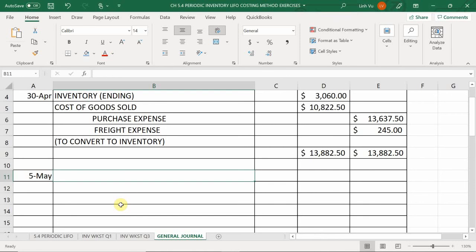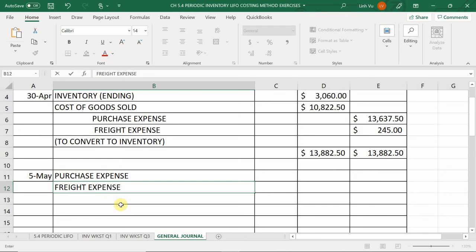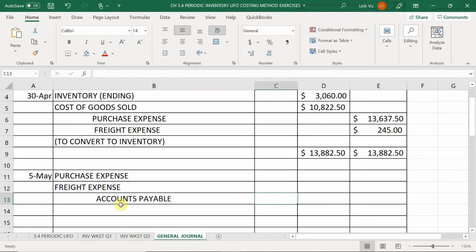With purchase expense. Good. Purchase expense, and freight expense, and accounts payable. Yes, we're assuming that these are going to be on account.